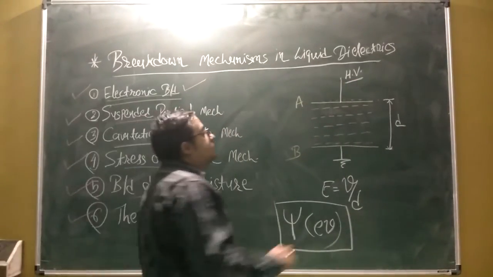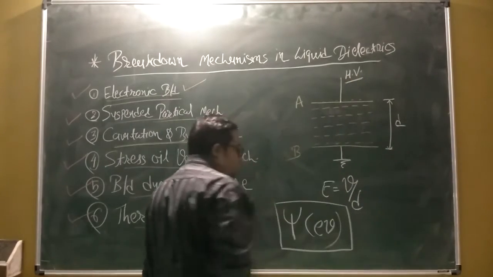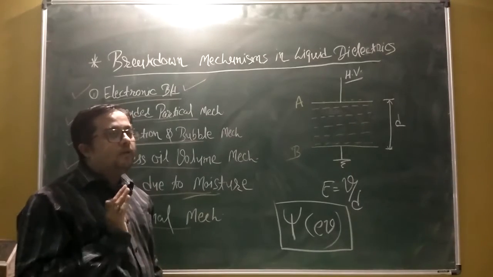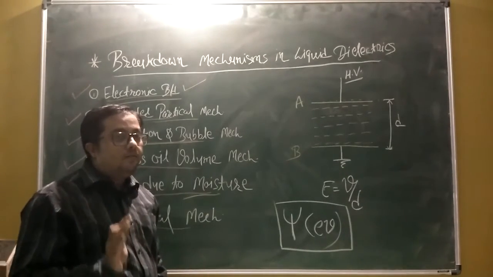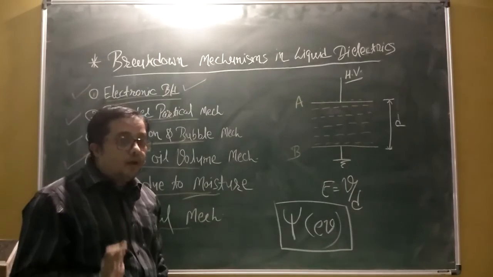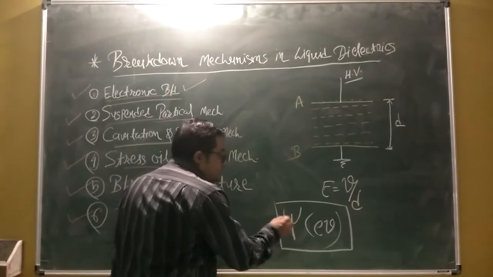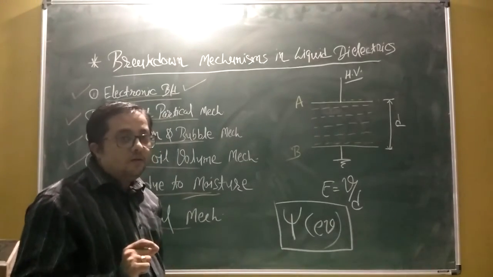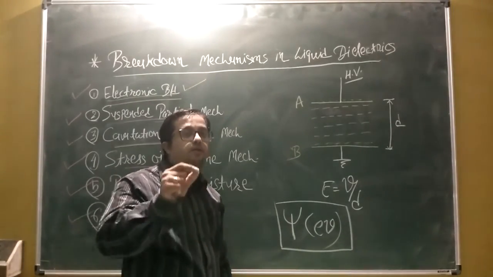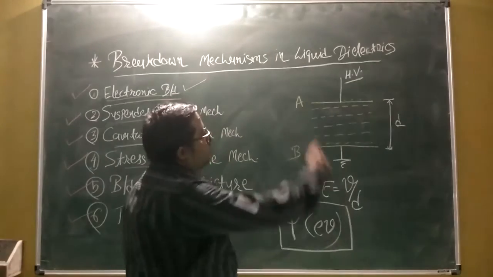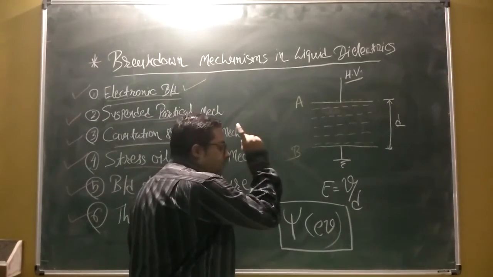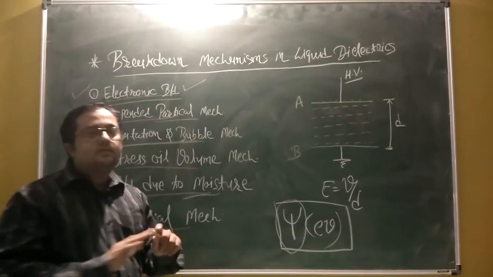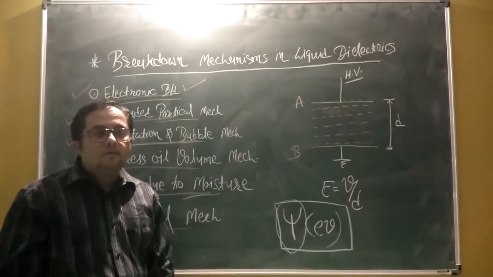Now as we are applying the higher voltage, it will collapse this work function which previously acted as a barrier to prevent the injection of electron. So under the application of the high voltage stress, the work function of the metallic electrode gets collapsed.